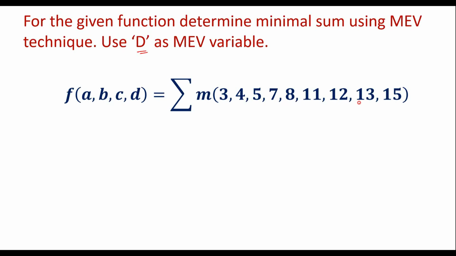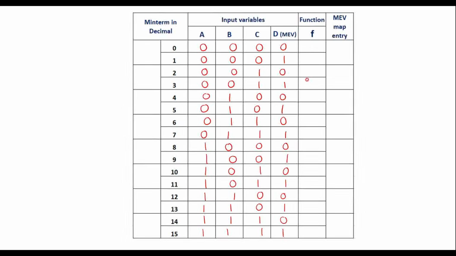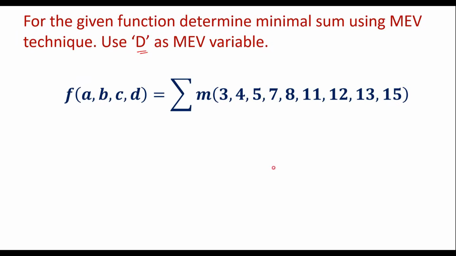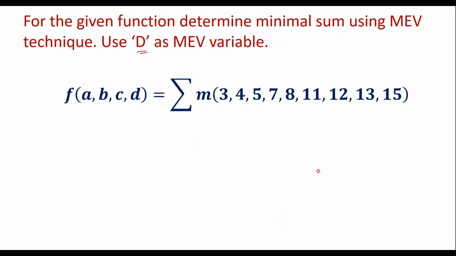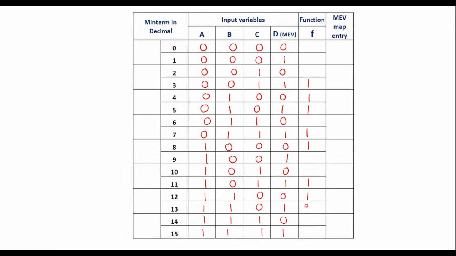The entry in the function supposed to be 1, that is for 3, 4, 5, 7, then we have 8, 11, 12, then we have 13 and 15. So for these minterms, the entry in function is 1. Rest cases it will be 0. Let me write zeros.